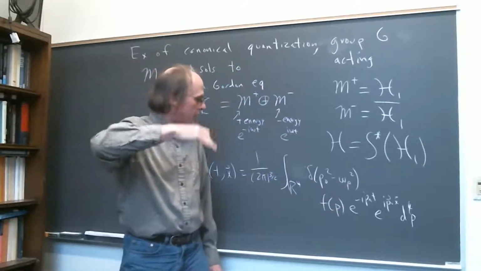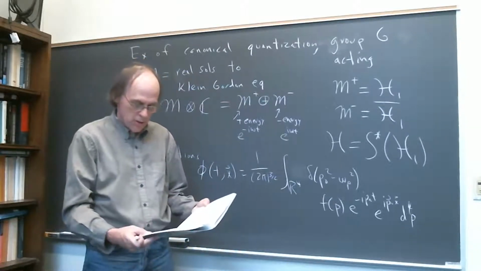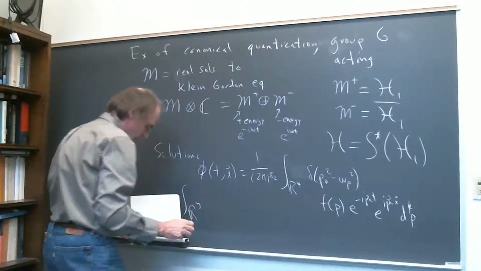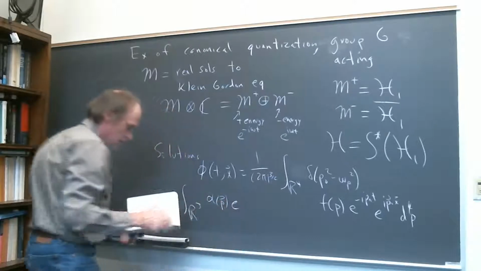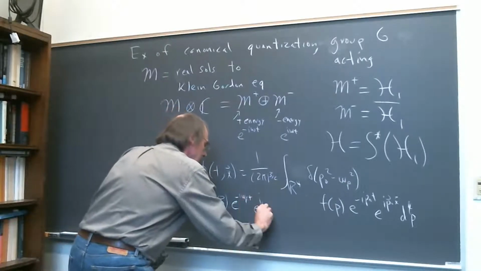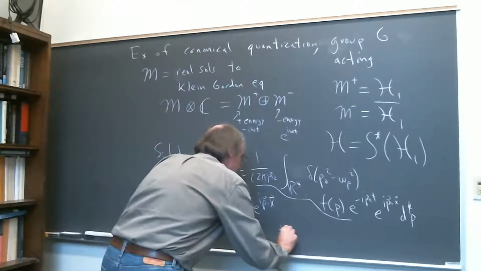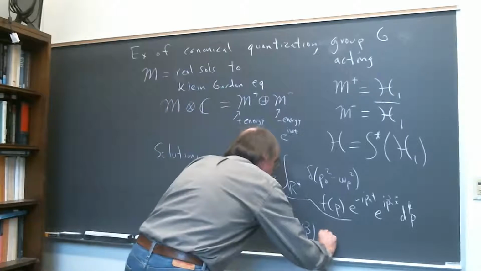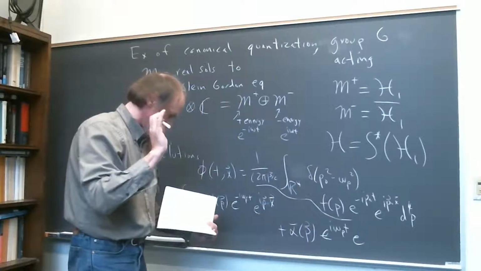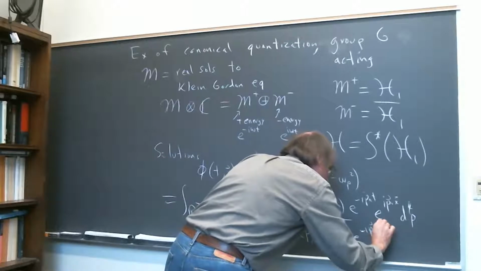You can label your mass shell by the spatial momentum corresponding to the point down there, and then you can rewrite this as alpha of p vector, e to the i p vector dot x vector, with the time term e to the minus i omega t, and the space term minus i p x.